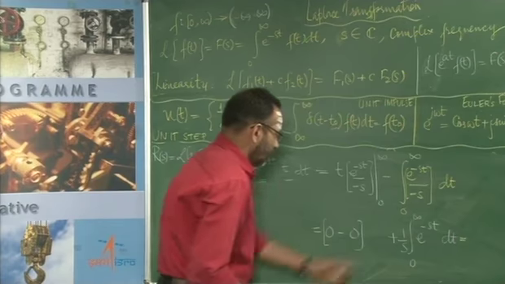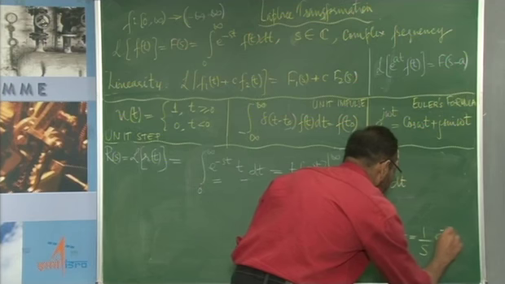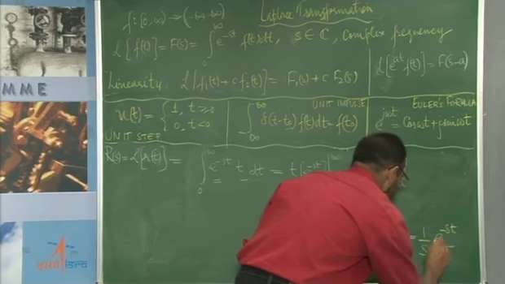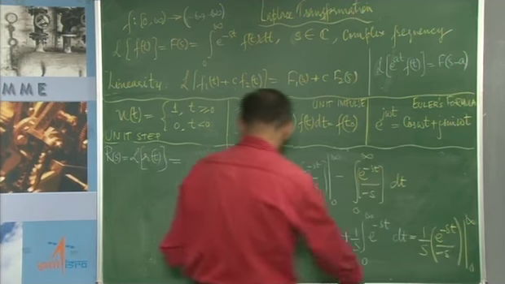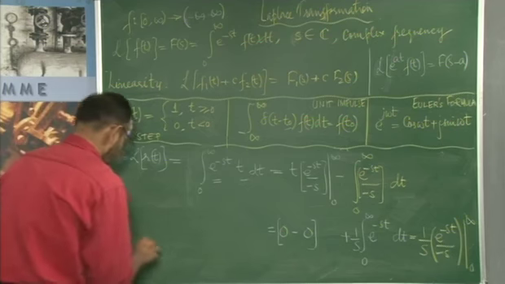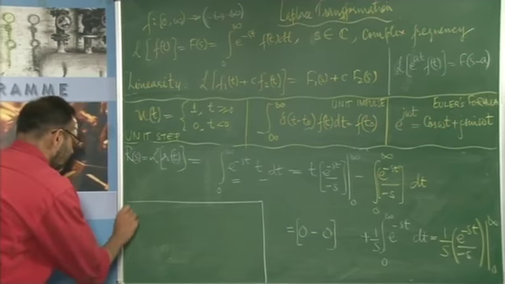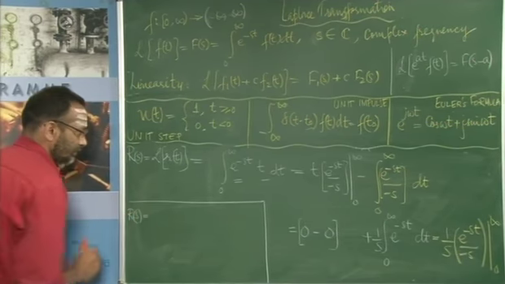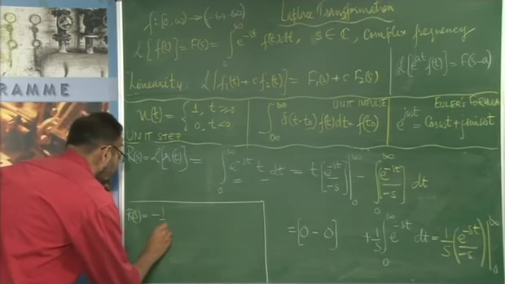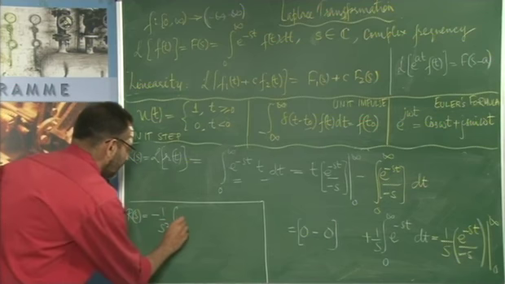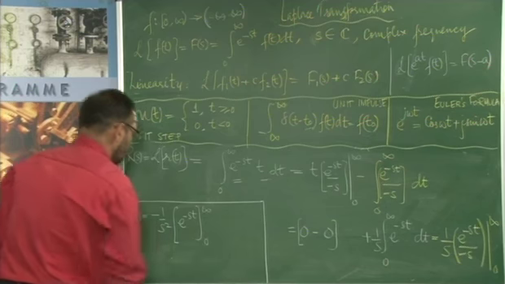And what is this? You have 1 over s times e to the power of minus s t divided by minus s, again going between 0 and infinity. For want of space, let me take that up here. The left hand side is R(s), which is equal to 1 over s squared minus 1 over s squared times e to the minus s t, going between 0 and infinity.